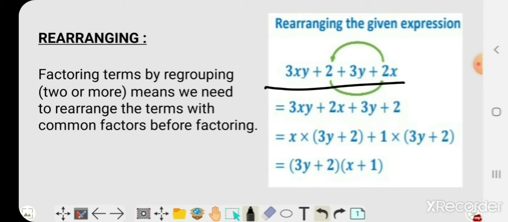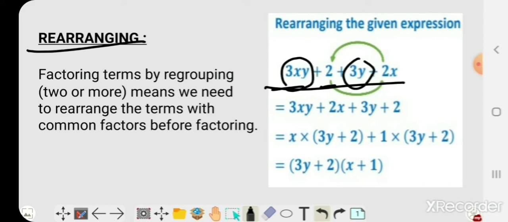Before that, sometimes we need to rearrange, means if we see like terms or some terms which have common factors, we can write these two, three or more terms together. Like here you can see this is 3xy, this is 2. There is nothing common in these two, so we go to the next one, 3xy and 3y.